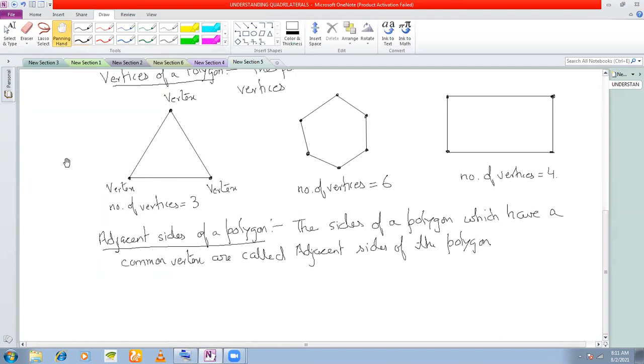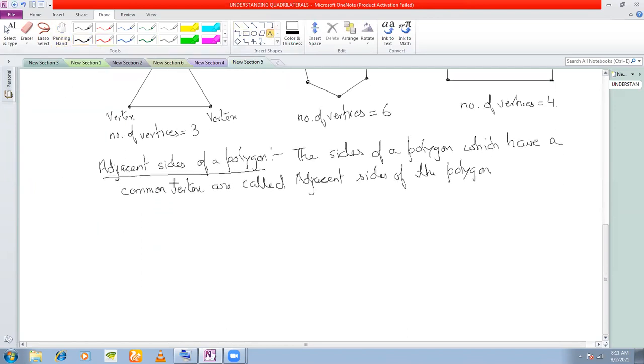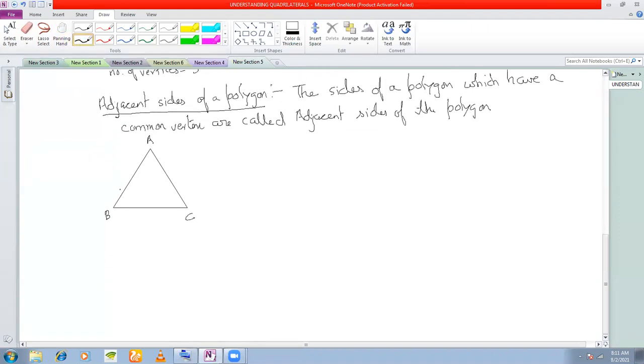Okay, so let's start with a very simple figure to know what the adjacent sides are. Let's look at a triangle. Let us call the vertices A, B, and C. What are the adjacent sides? AB and BC have a common vertex B, so AB and BC are adjacent sides. BC and AC have the vertex C in common, so BC and AC are adjacent sides.